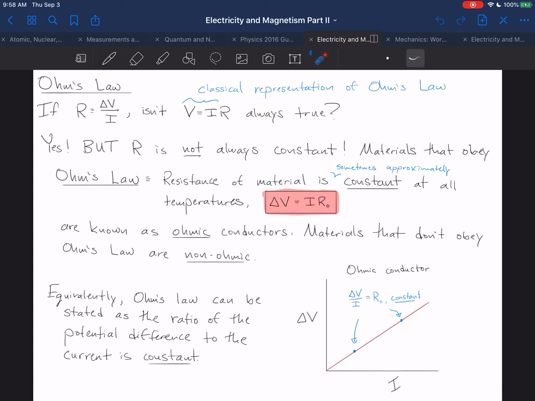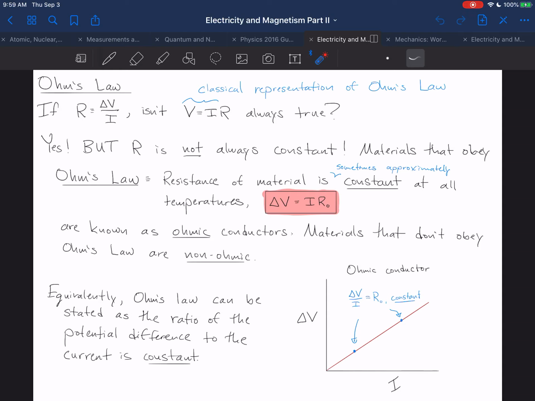It is always true. The resistance is always defined to be delta V over I, or the potential difference divided by the current. But the resistance itself of a material is not always constant. It's not always exactly the same for all circumstances, for all values of I, and for all values of delta V. And so what Ohm's law actually is the statement that if a material obeys Ohm's law, the resistance of the material is constant at all temperatures.